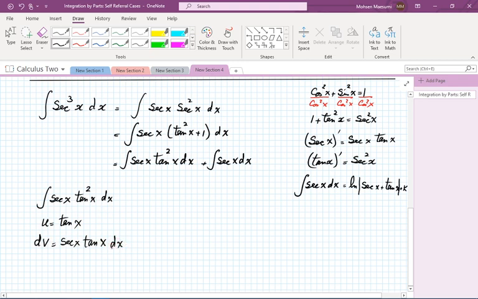Let's see if this is going to be helpful. u prime, of course, du, is secant squared of x dx, that is off of this formula. dv over dx is tan x secant of x. That tells me, that's the reverse of this formula, that v is going to be secant of x.